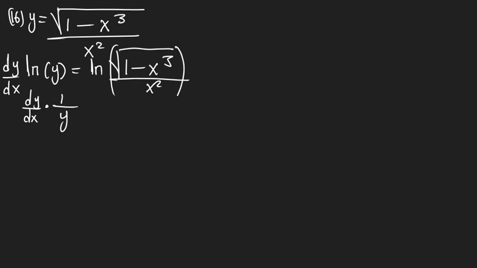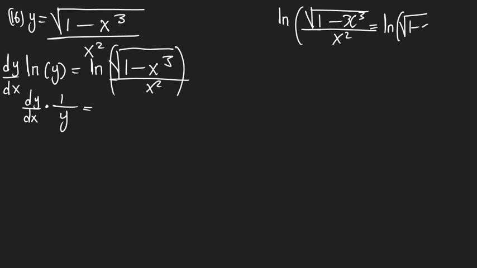Now, remember when I was teaching you logs, you remember that ln of root of 1 minus x to the power 3 over x to the power 2 is the same as ln of root of 1 minus x to the power 3, minus ln of x to the power 2. That's a very important rule in logarithms.